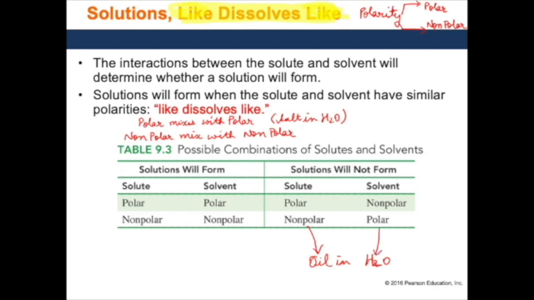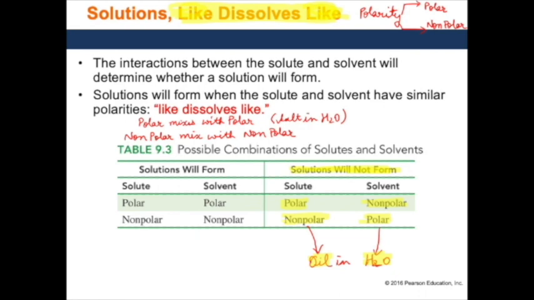If you try to mix unlike molecules together, for instance a non-polar solute with a polar solvent, a solution will not form. Similarly, if you do vice versa, where your solute is polar and solvent is non-polar, the solution will not form. Only like molecules mix with each other. Unlike molecules do not. Here, oil is non-polar and water is polar, so they are unlike molecules.